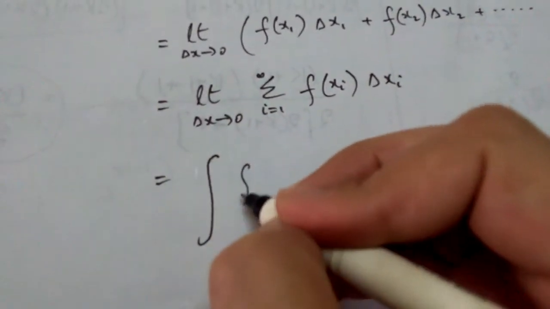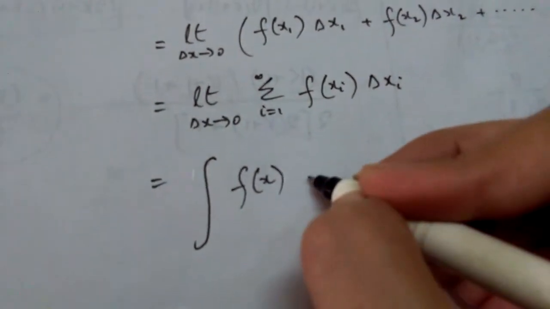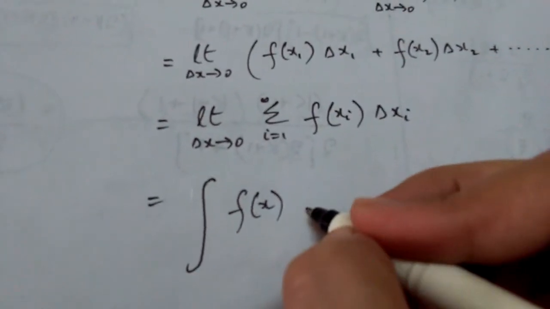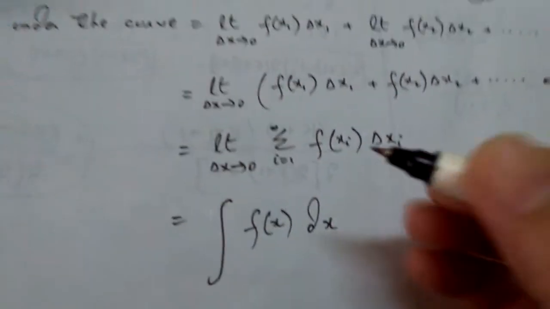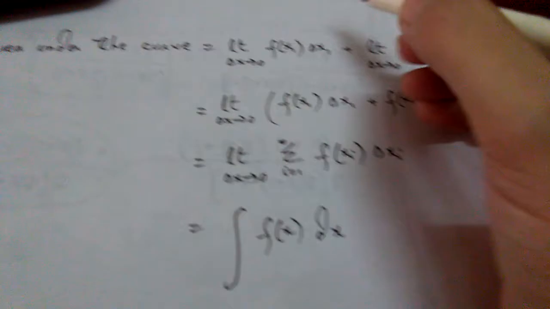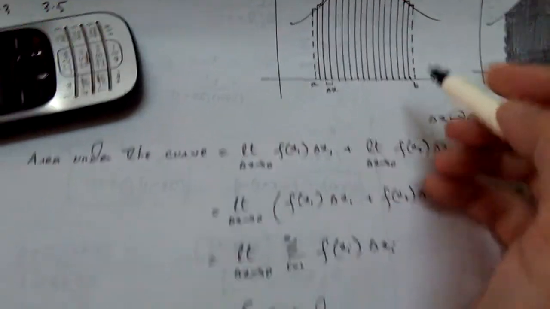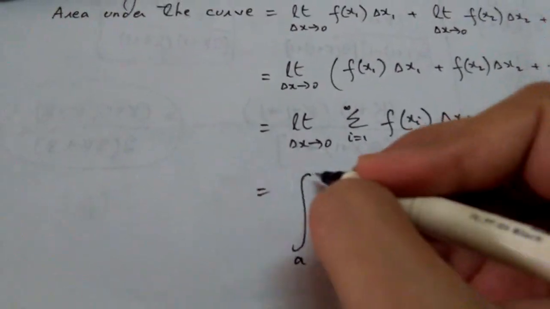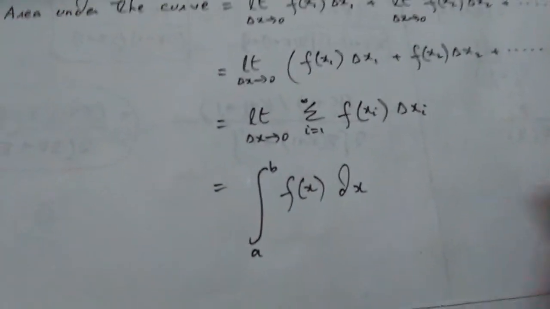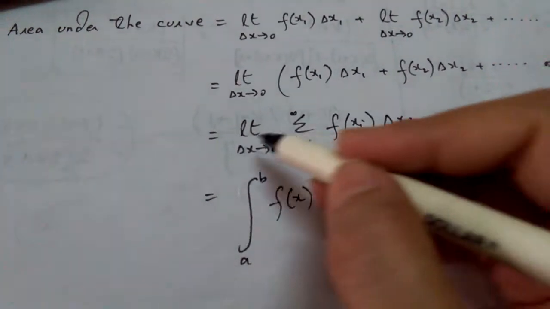This f of x will be written in the general form, and this del x will be transformed into dx. The interval limit a to b is expressed like this. So this is what you call the Riemann sum.